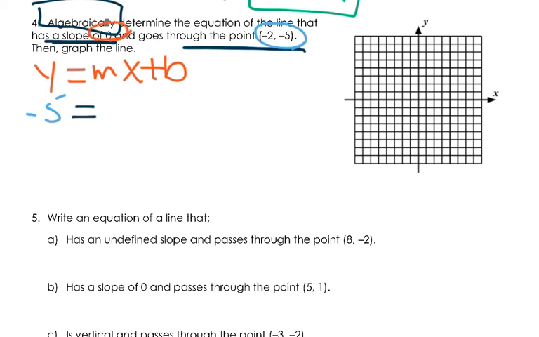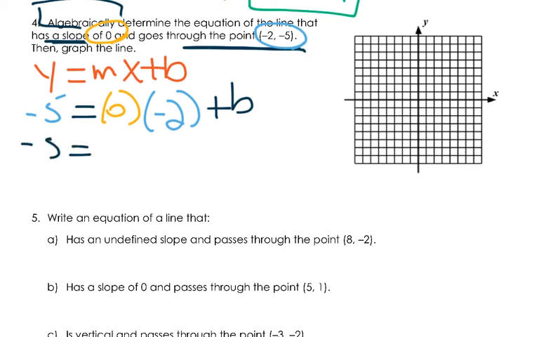which is right here. Let me use a different color. Which is right here. So, and then the x is -2. And I don't know what b is, so plus b. So, -5 equals 0 times -2, which is 0, plus b. -5 equals b. That's actually my y-intercept.